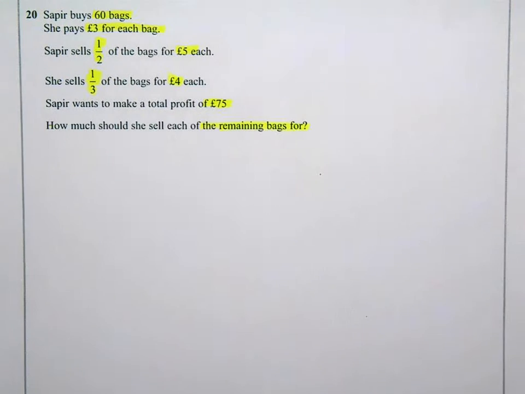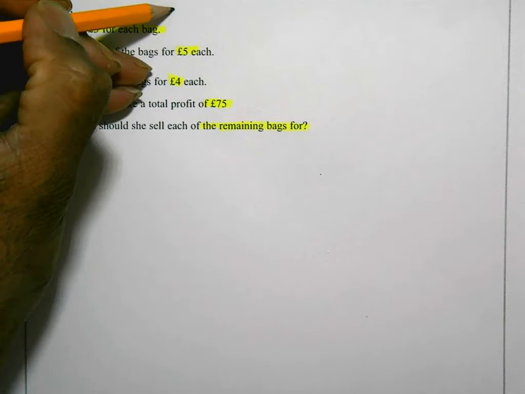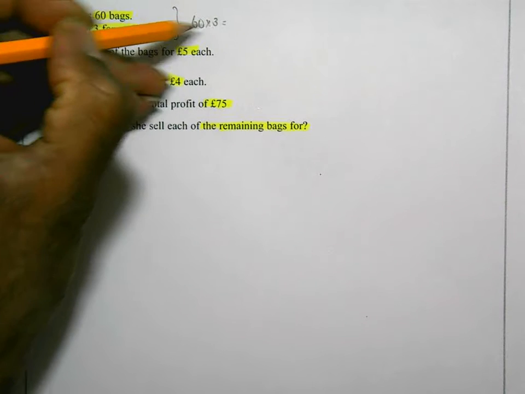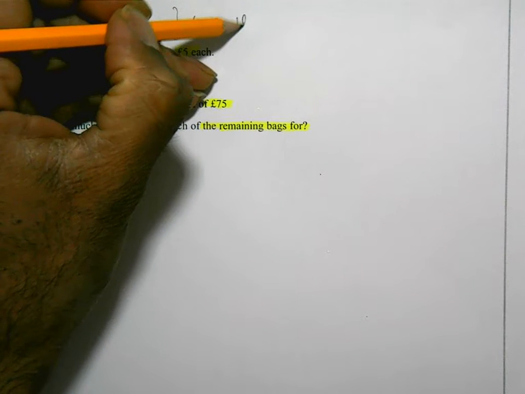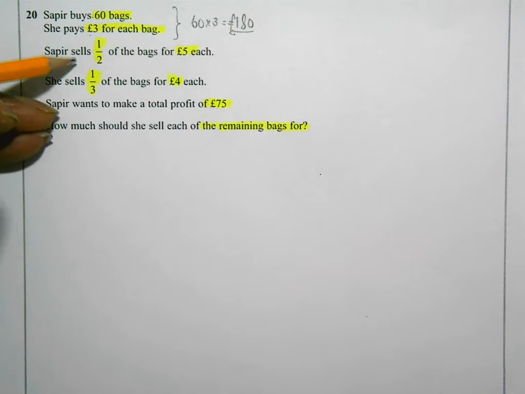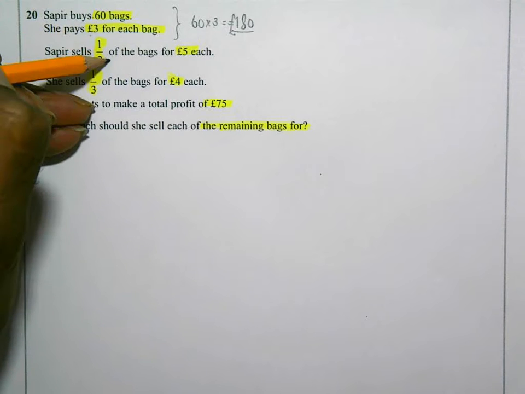Okay, I'm going to write down a couple of things next to the question. So if she buys 60 bags for £3 each, how much does she pay for them all together? 60 times 3, 6 threes are 18, so that's £180 she paid all together. Half the bags for £5, so half of 60, that's 30 bags.